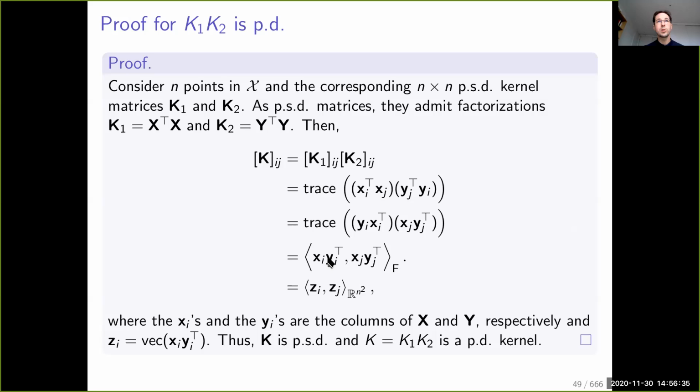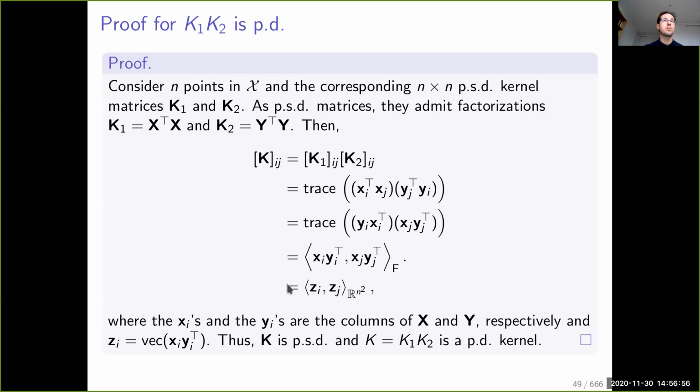In other words, what we have shown is that K also admits a factorization as Z transpose times Z, where Z is a matrix. And thus, it is positive semi-definite. And we have shown that this kernel K is also a positive definite kernel.